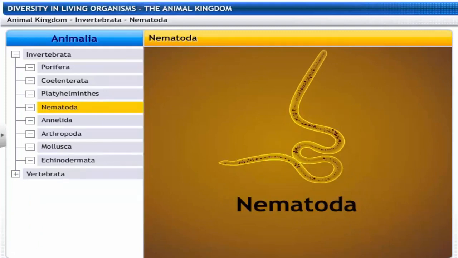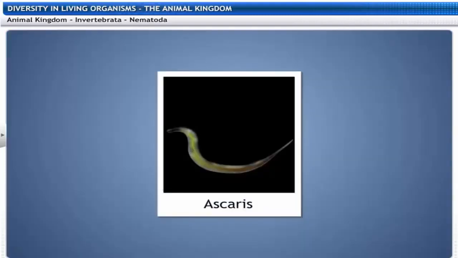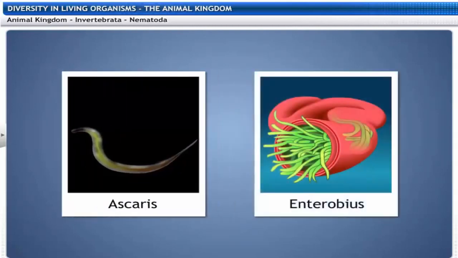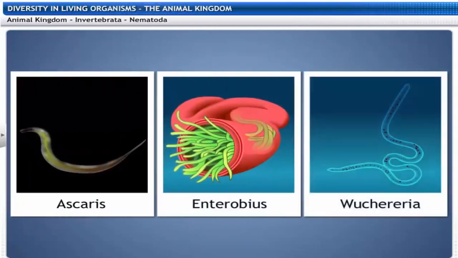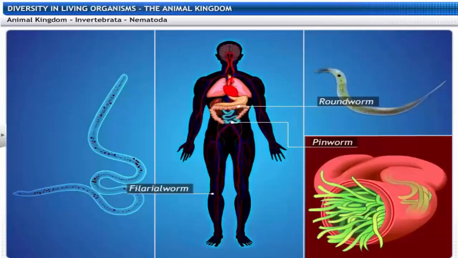Nematoda get their name from two Greek words, nema, which means thread, and eidos, which means like. The phylum Nematoda includes Ascaris, Enterobius, and Wuchereria. Nematodes can be free-living or parasitic. Parasitic worms in humans are roundworms and pinworms in the intestine of humans.